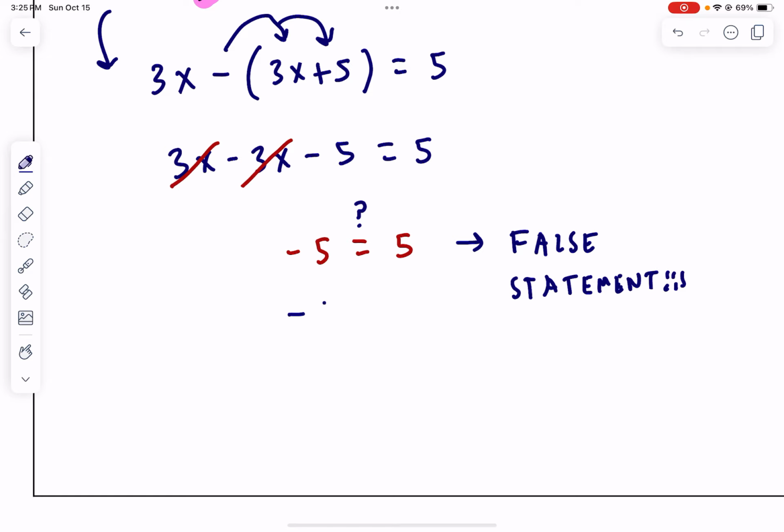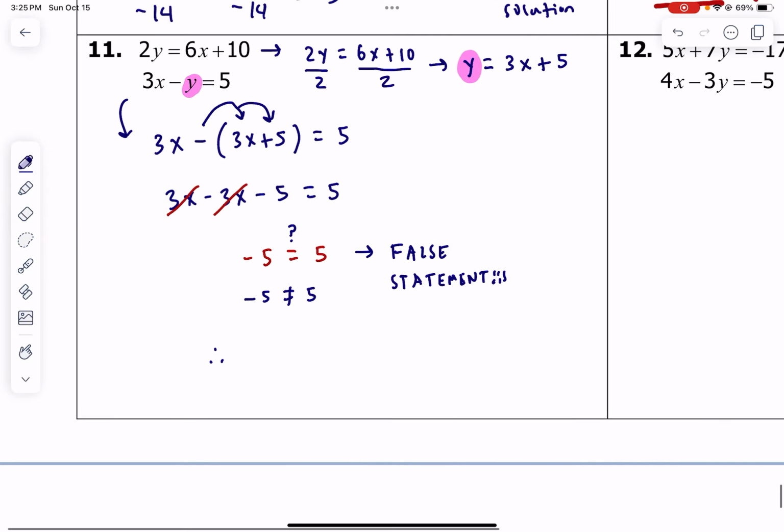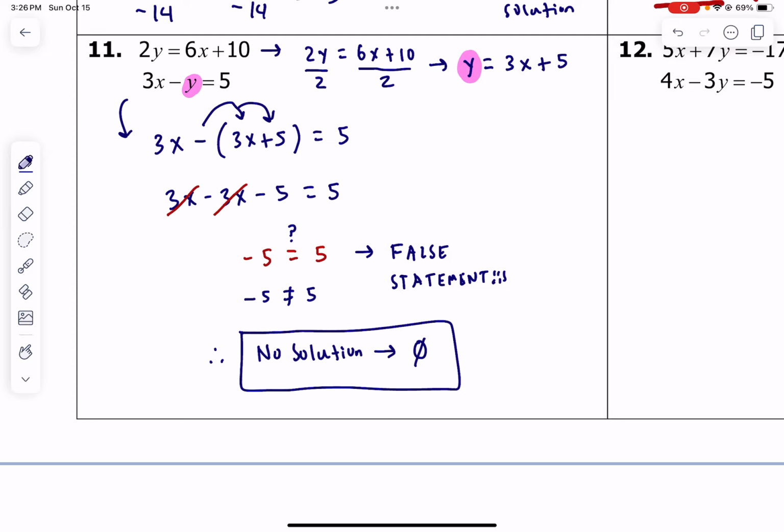So therefore, for this system of equations, we would have no solutions. And another way to write that using a symbol is the empty set sign. So in this case, we have no solution.